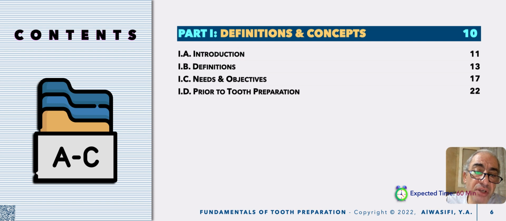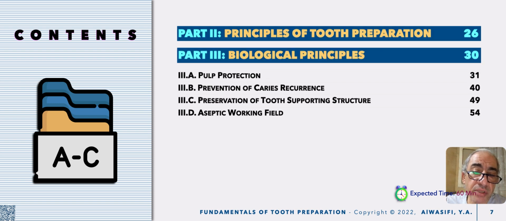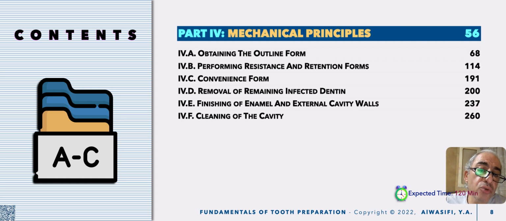Already we have finished part 1 related to definition and concept, part 2 principles of tooth preparation, and part 3 biological principles in terms of pulp protection, prevention of caries recurrence, preservation of tooth supporting structure, and finally working in a completely aseptic field. And we started to discuss mechanical principles in terms of obtaining the outline form, performing resistance and retention.